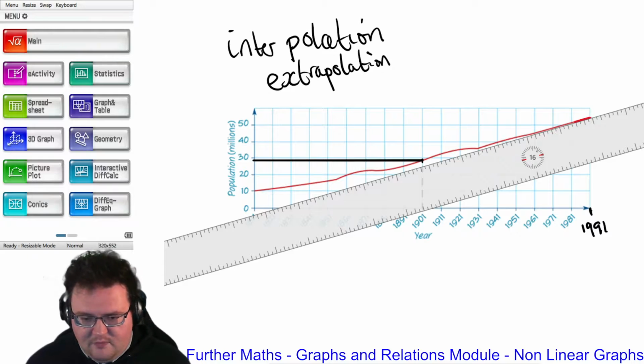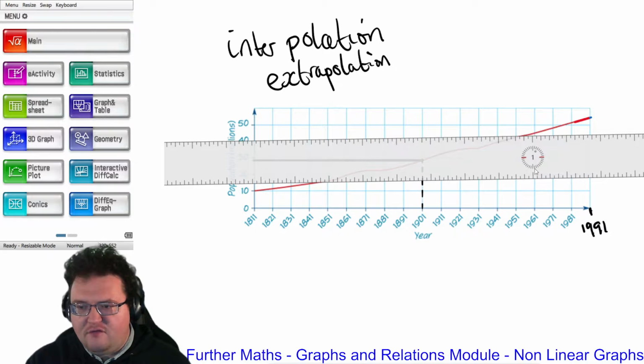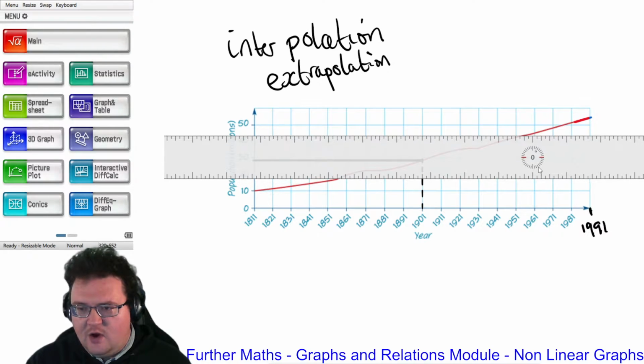I'm going to put a marker there so that I can measure it, because I want to predict what the population on this graph would be in 1991.